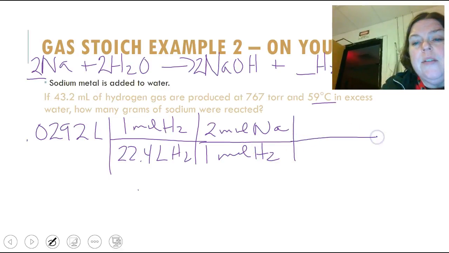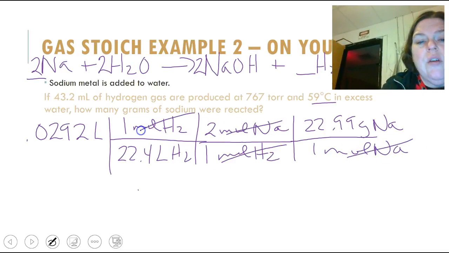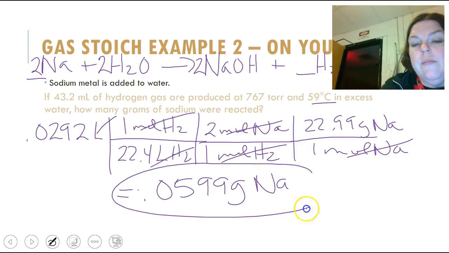And now I want grams of sodium, so that's 22.99 grams of sodium over 1 mole of sodium. Sodium moles cancel out, moles of H2 cancel out, liters of H2 cancel out. And I'm going to end up getting an answer of 0.0599 grams of Na.